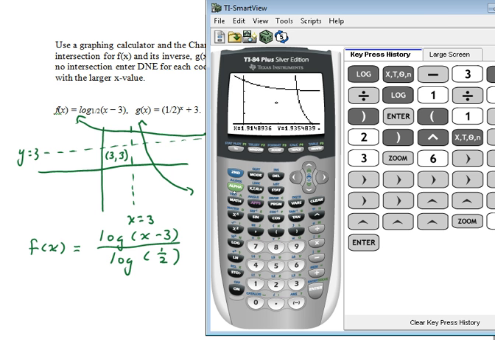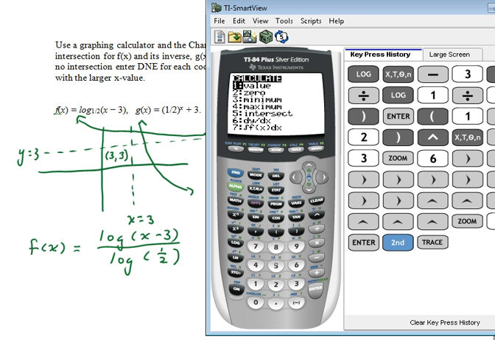Now I'm going to use second calc 5 for intersect, and I notice that I'm on y equals f of x, which is only defined when x is greater than 3.